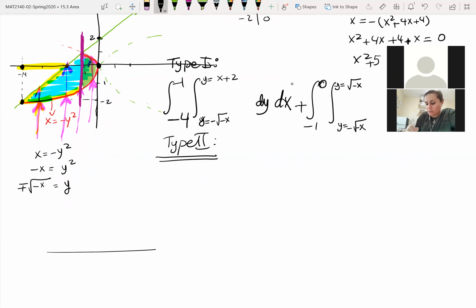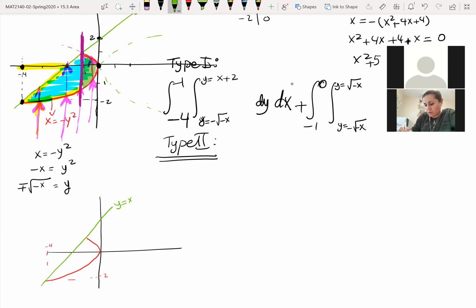I'm going to make another graph. I don't want to have a messy graph one more time. So let's quickly make the graph as we had originally. There was a -4 right over there, and -2 right over here. Then we have this curve going like this, and with the green line, like this.